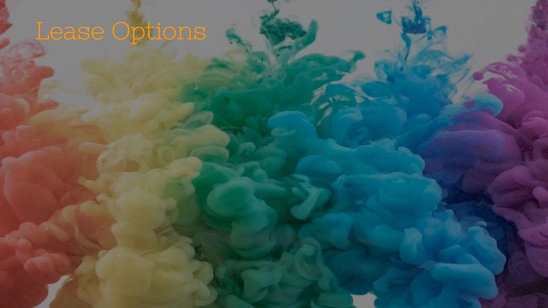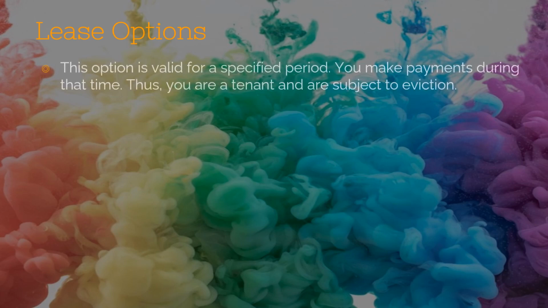The lease option, or what we refer to as the rent deals, is the next level of hierarchy in the zero down structures. The lease option is the property purchase option. This option is valid for a specified time. You make the payments during that time, thus you are a tenant and subject to eviction.